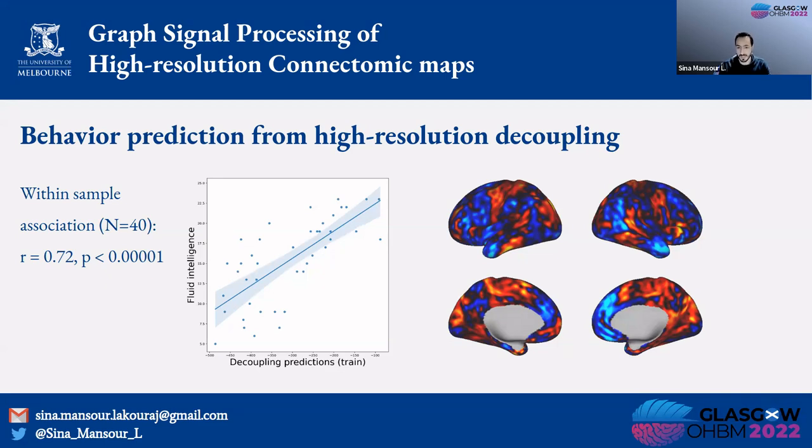We looked at their individual decoupling and correlated the voxel-wise decoupling indices with a measure of fluid intelligence, and we used a simple linear model to see the associations between high-resolution decoupling and fluid intelligence.